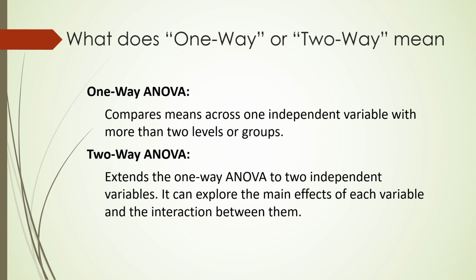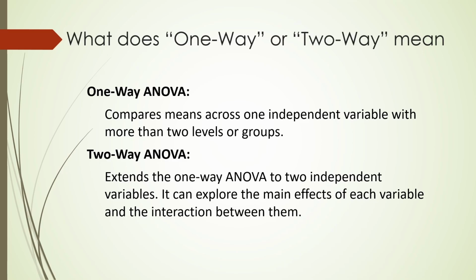And what actually do one-way and two-way mean? One-way ANOVA compares the means across one independent variable with more than two levels of groups. For example, in one-way we have gender, which is one independent variable.